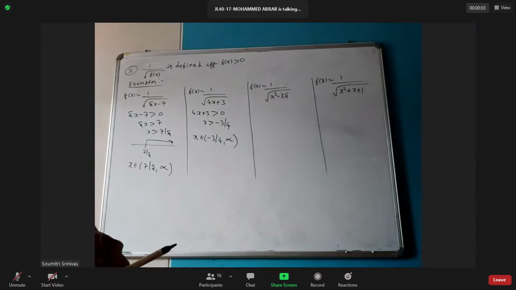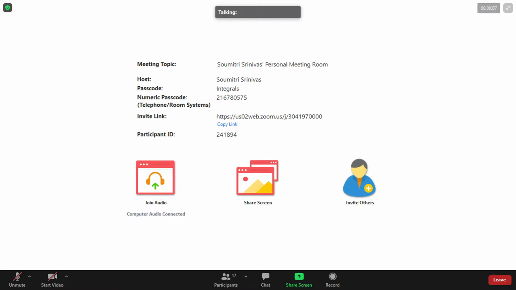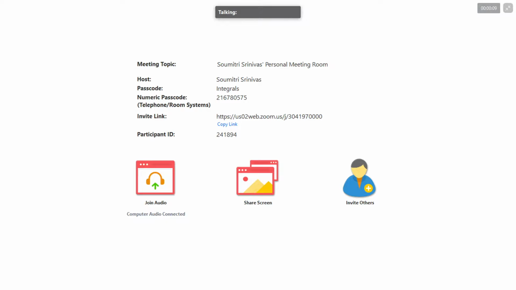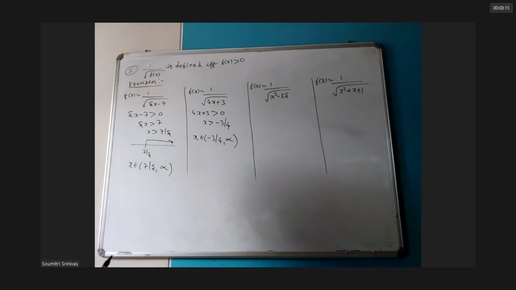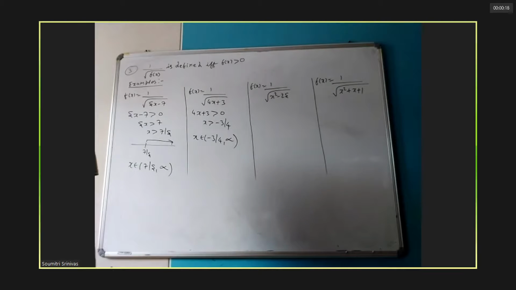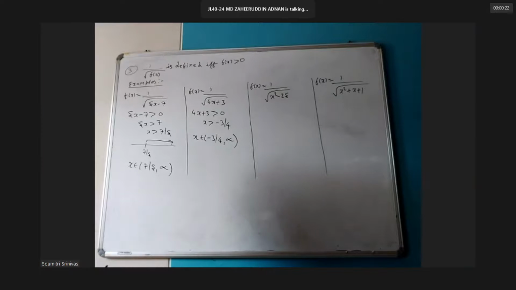Minus infinity comma minus 5 union 5 comma infinity. Are all of them back? No, sir, not all. Most, 5 to 7 members.